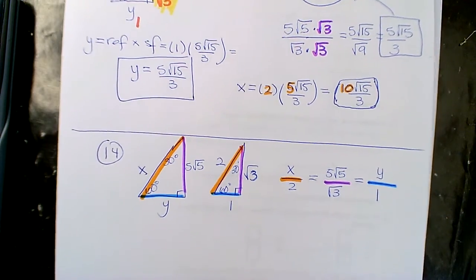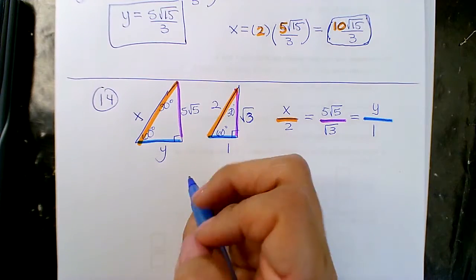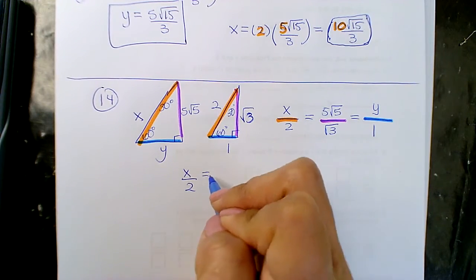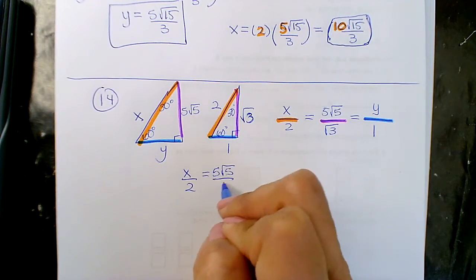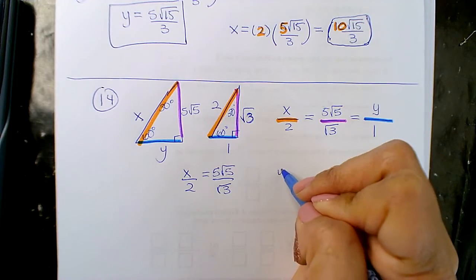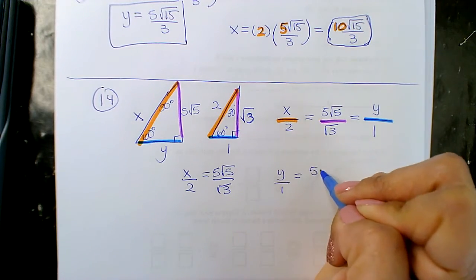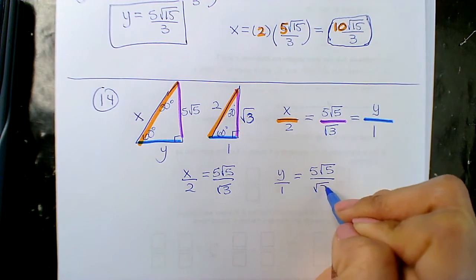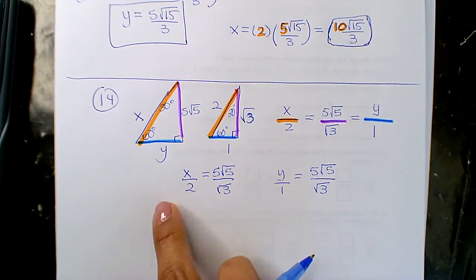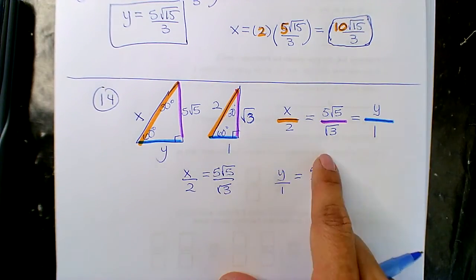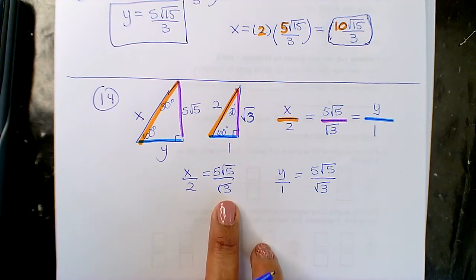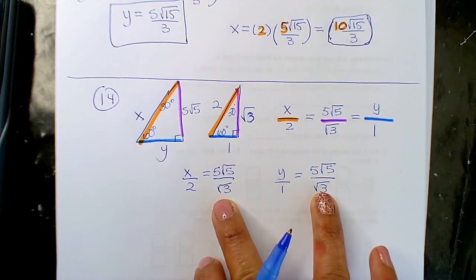All right, so how do you solve for x? And then how do you solve for y? All right, and now you're going to use the cross product property. So this is what the scale factor looks like. It's not cleaned up.